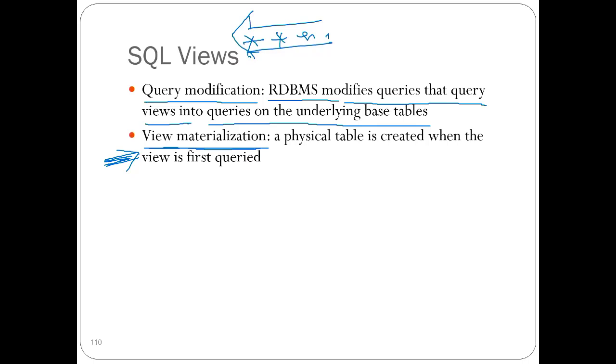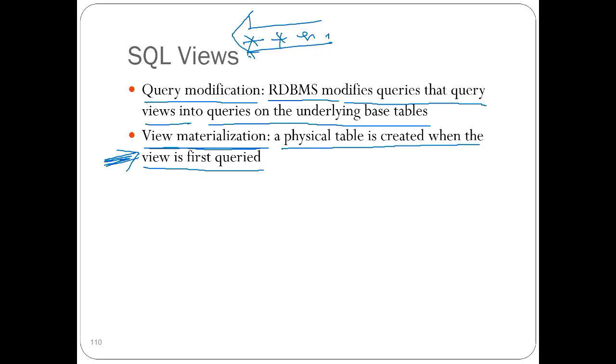In view materialization, what is done? A physical table is created when the view is first queried. So there are two possibilities. It's not always the case that we will not create a physical table corresponding to a view. Let's assume a scenario where we need a view which will be fired very frequently.